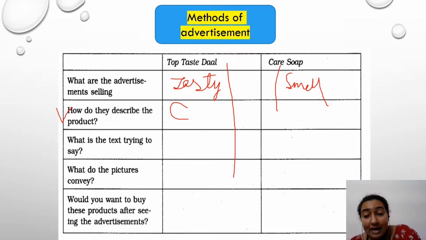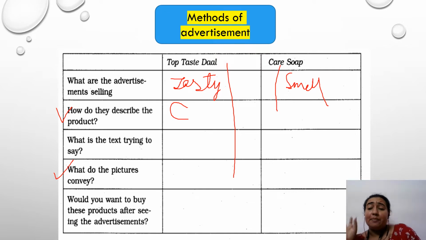But how will they advertise soap? We have seen so many advertisements: Santoor, Lux, Dove. We can see actors and actresses bathing and applying those soaps on their bodies and having a good shower. So all these are different categories under pictures which they want to convey.